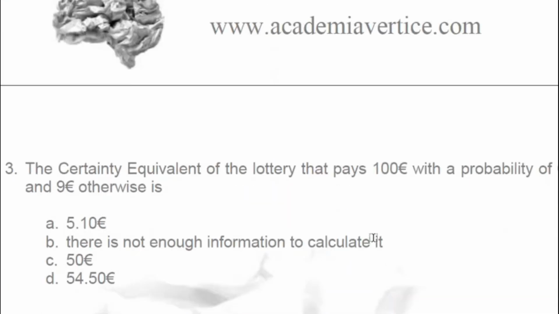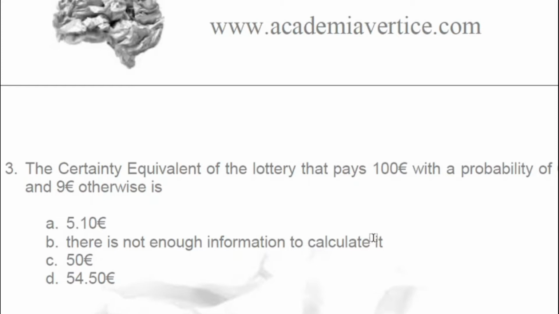Now question 3. The certainty equivalent of the lottery that pays 100 euros with a probability of 0.3 and 9 euros otherwise is... Well, be careful with this question, because the certainty equivalent is something personal. It comes from the utility function of each consumer.